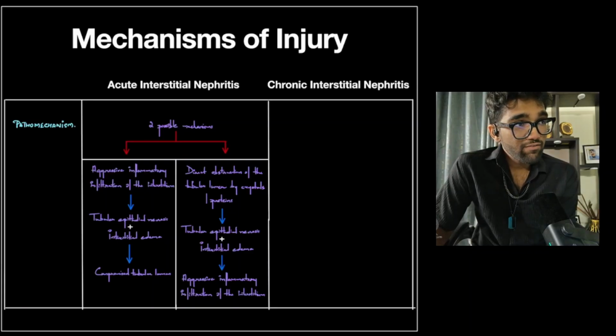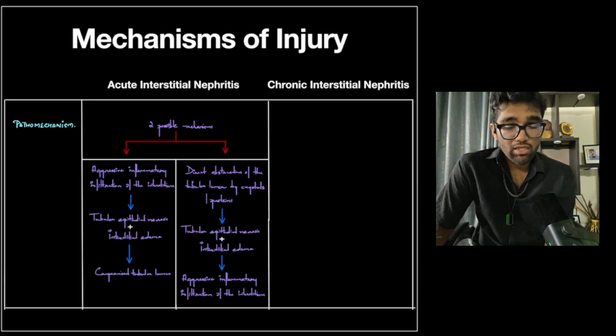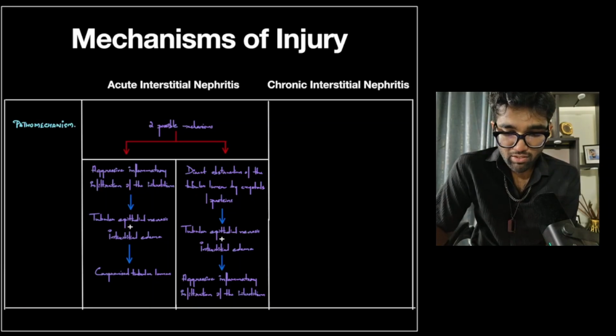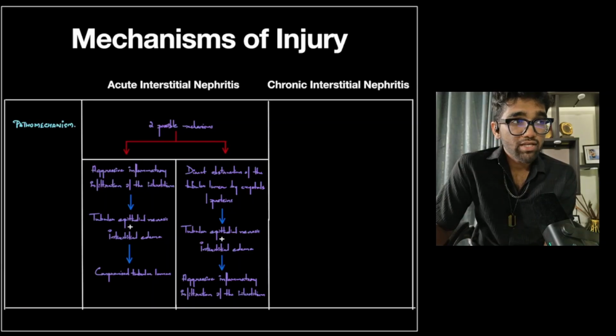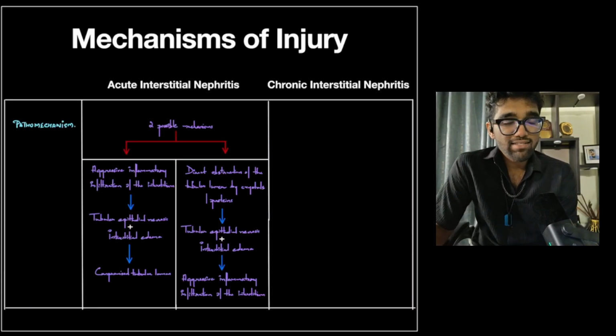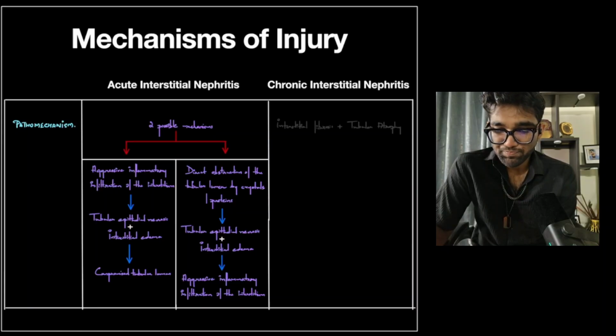And finally, against that, you have an aggressive inflammatory interstitial infiltrate. So in the first type of pathology, the infiltrate is primary and the damage is secondary. Whereas in the second type of pathology, the obstruction of the lumen is primary, and then secondarily, as a reaction to that, there is an inflammatory infiltrate or an immune response.